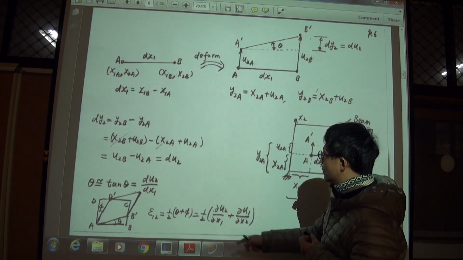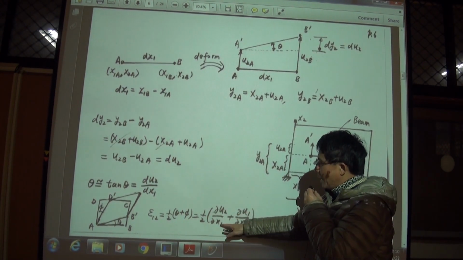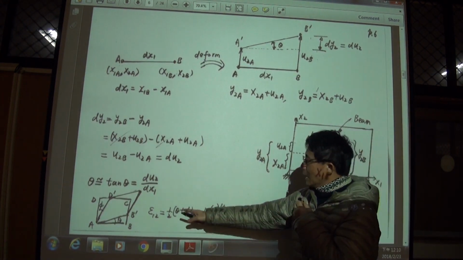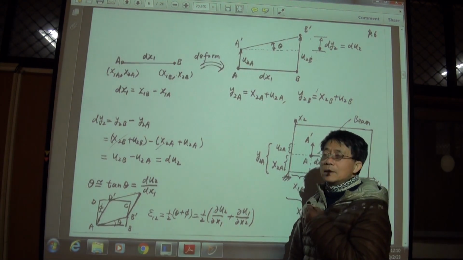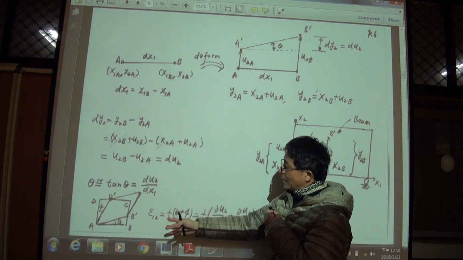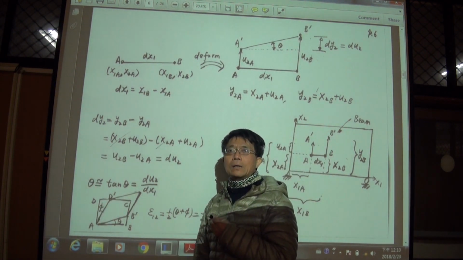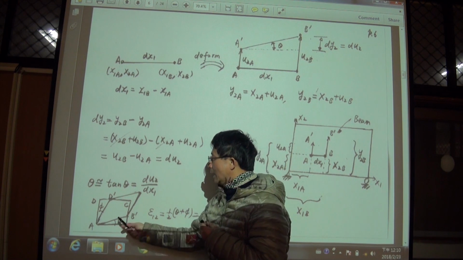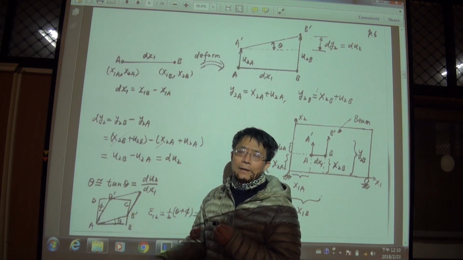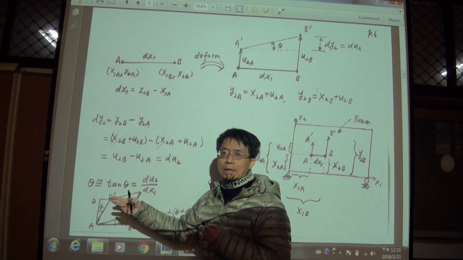So we divide this by dx1 and get partial u2 partial x1. So this is theta. And then we have this angle, but also we have this other angle called the phi angle. We can have a similar interpretation of this angle too, but we just skip it.